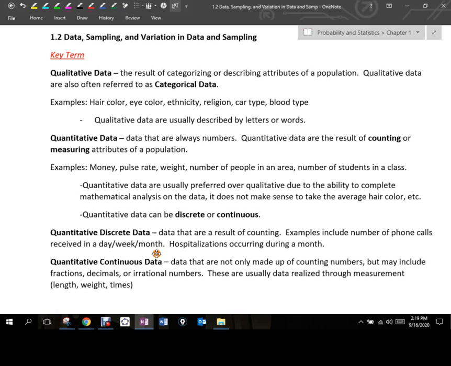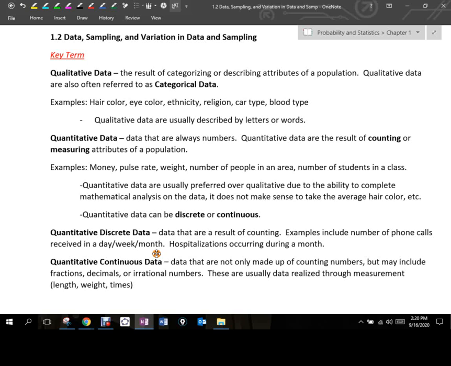So quantitative data are always numbers. Quantitative data are the result of counting something or measuring something. And we'll talk about different ways we can measure things as we go on. Qualitative data, it's really hard to run eye color through a formula. Really hard to run religion through a formula.